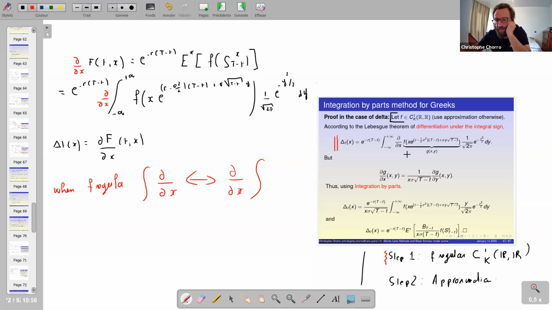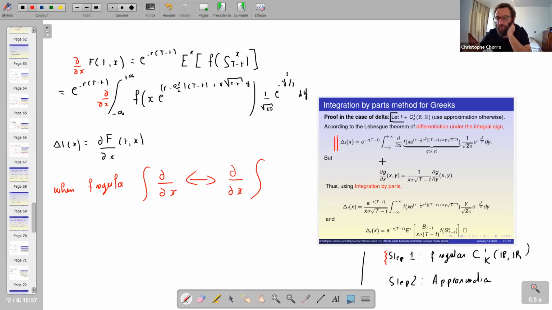But if you define by j this mapping here, you see that the derivative of j with respect to x may be expressed as a mapping multiplied by the derivative of j with respect to y. It's very easy to obtain: compute the derivative of this one with respect to x, compute the derivative with respect to y, and you will see that we have this relation between the two derivatives.